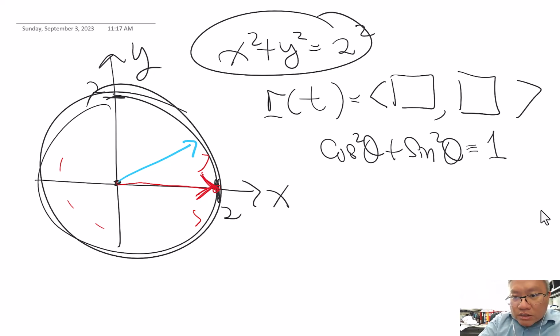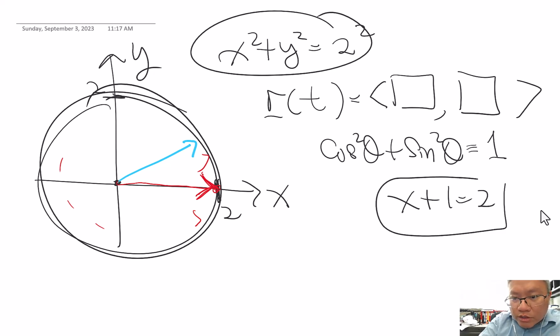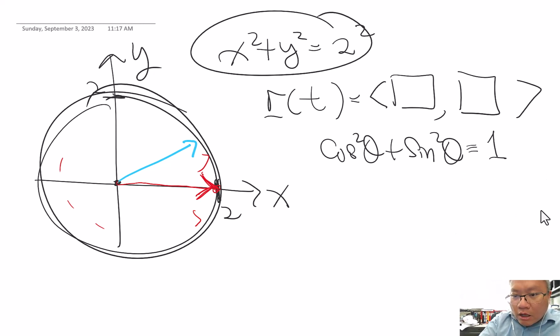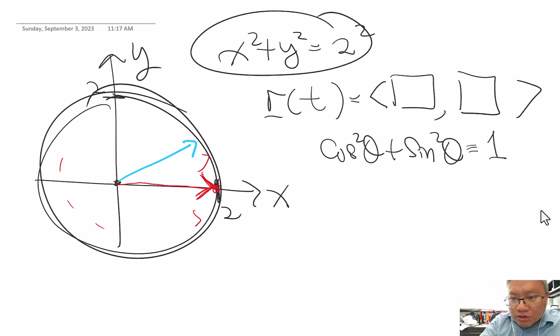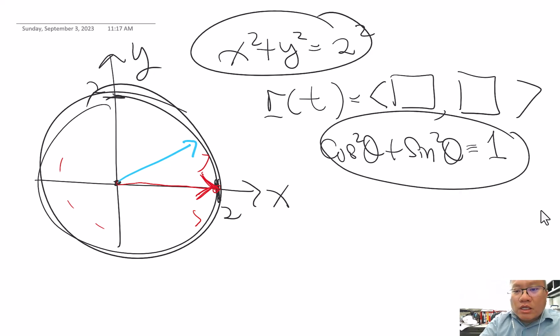An identity is not the same as an equation. So x plus 1 equal to 2 is an equation where there's only one x value that can make this true. An identity, on the other hand, means that this is not only true for theta equal to 0. This is true for theta equals 0.1, 0.5, 2 pi, 7.6 pi, and so on and so forth, all the possible real numbers. This is always true. So that's called an identity.